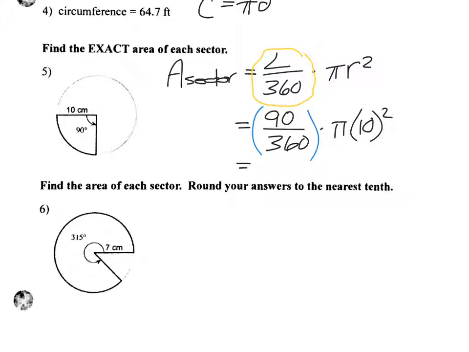Okay, now the thing is here, it says find the exact. So what's that mean? I'm going to leave pi in the answer. So I'm not actually going to put pi in the calculator when I'm typing. I'm just going to be putting this and this in the calculator when I'm typing it out. So if I do that, that gives me 25. So I end up with 25, and then bring the pi down because it said exact, and it's in centimeters squared.